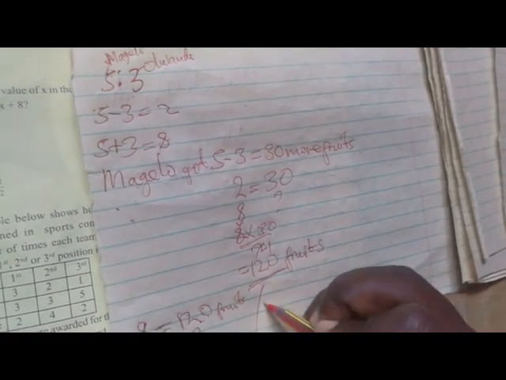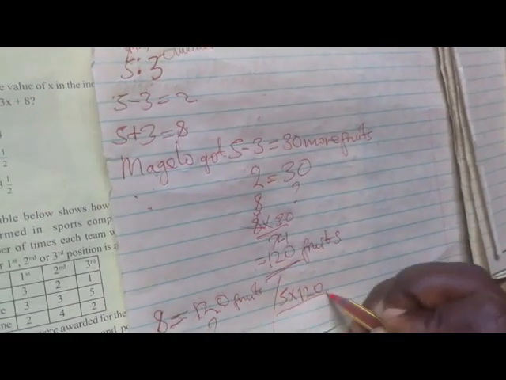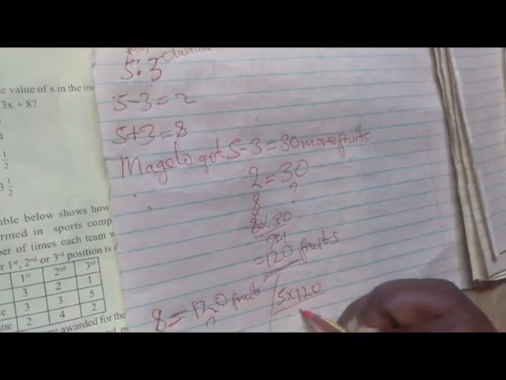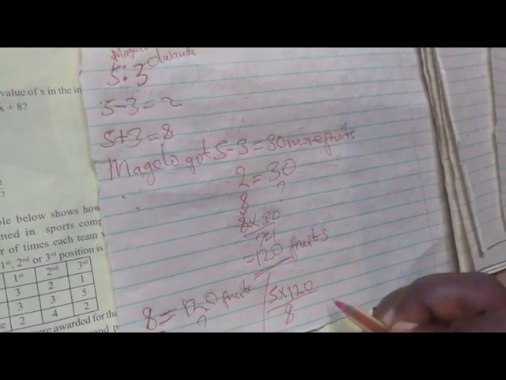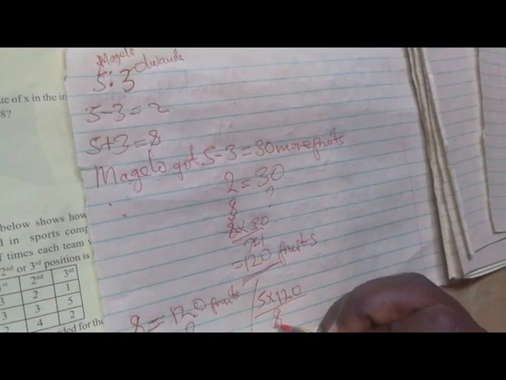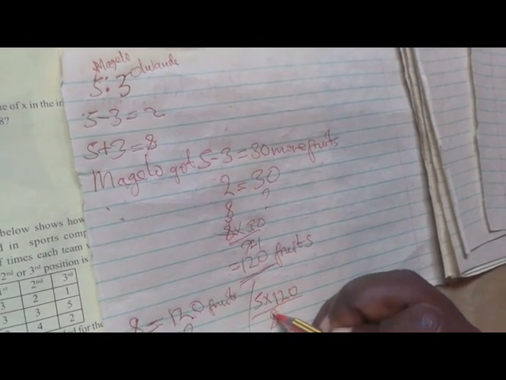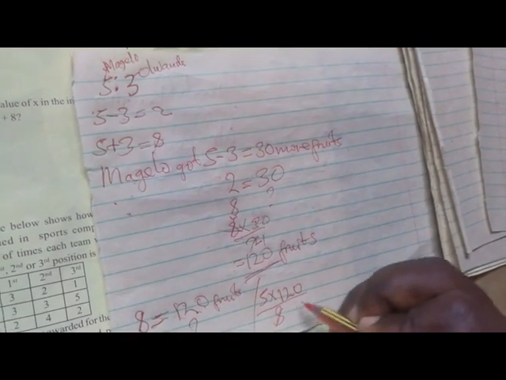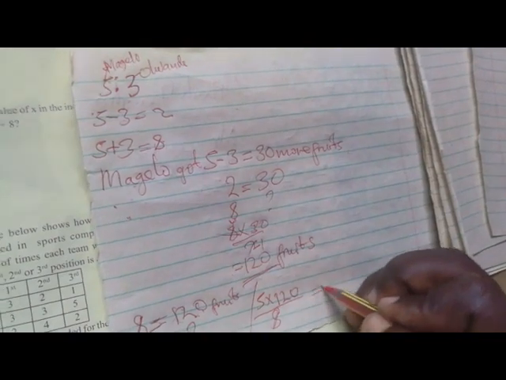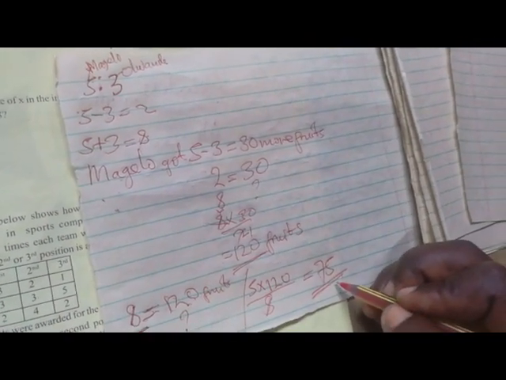We say 5 times 120 divided by 8. If you use a calculator here, we are going to get 75.